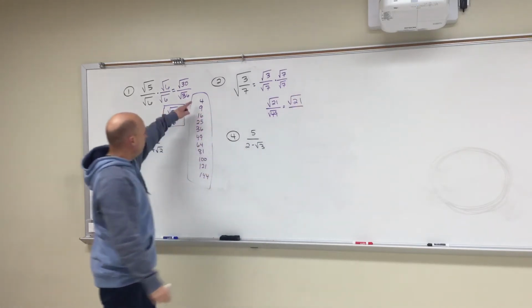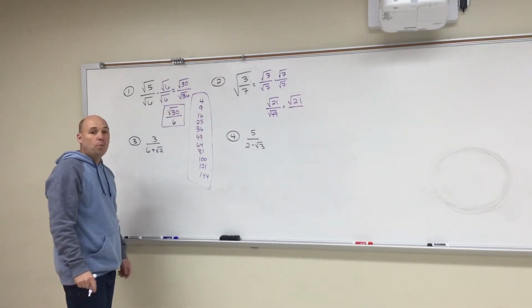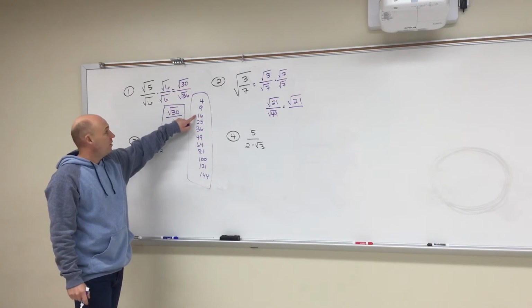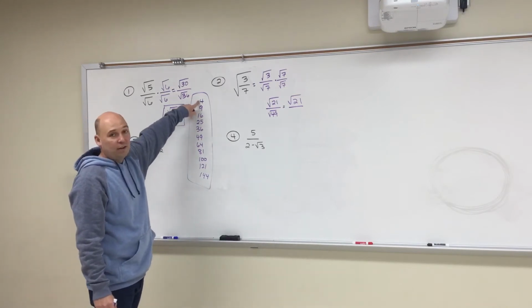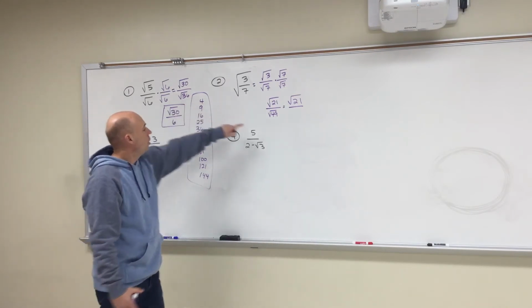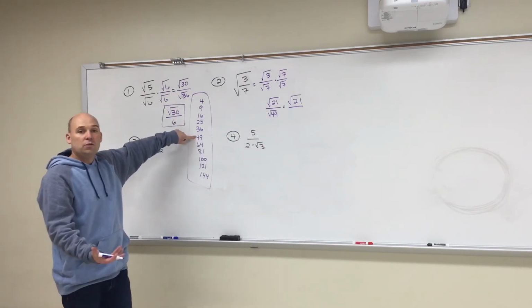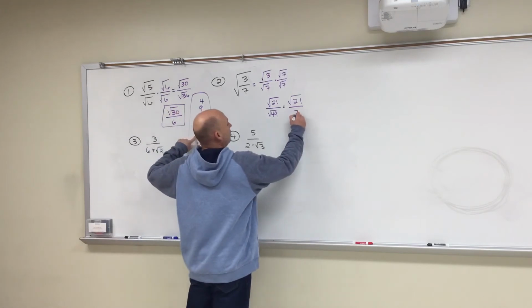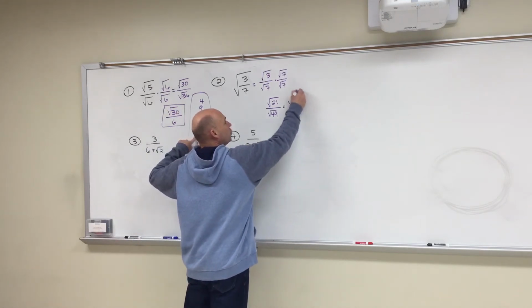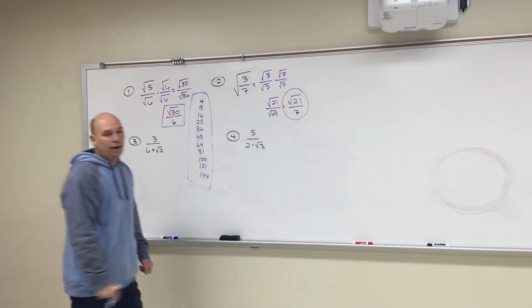Do any of these numbers divide into 21? Nope. 16 does not divide. 9 does not divide. 4 does not divide into 21. It's got to divide in evenly. Do any of these numbers divide into 49? Well, 49 is one of our numbers. So what's the square root of 49? The square root of 49 is 7. And again, you can't reduce these because one's in the radical and one is not in the radical.